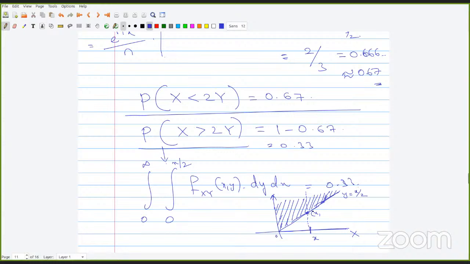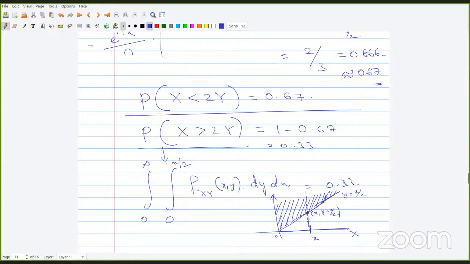I am choosing a point where my x coordinate is x. So if my x coordinate is x, what will be my y coordinate? X by 2. Just substitute x in the given function. So my y is x by 2.